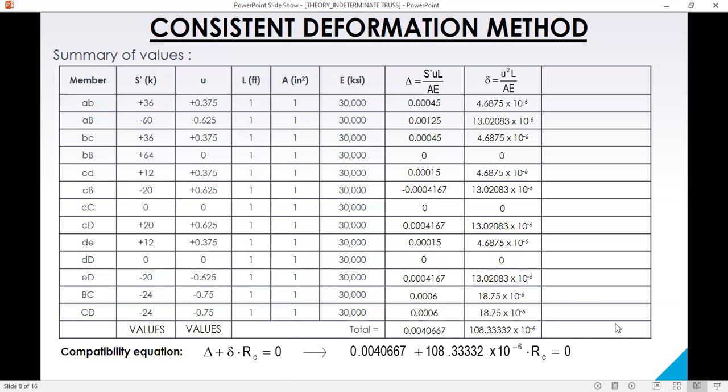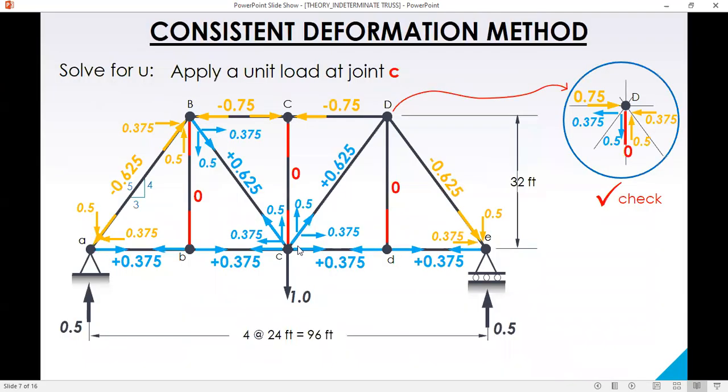So transpose and then divide by this. RC is equal to negative 37.53877. Negative, which means the direction of the reaction at C is upward. Why upward? Because the assumed direction of the unit load is downward. And since the redundant is negative, it means upward.